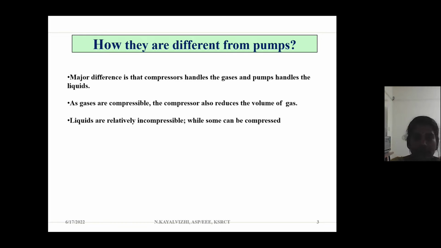Some oils or liquids can be compressed slightly, but mostly liquids are incompressible, whereas gases are compressible. Gases are compressed by compressors, and pumps pump the fluids. That is the difference between compressors and pumps.